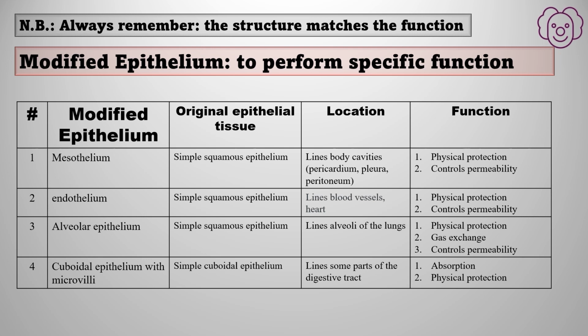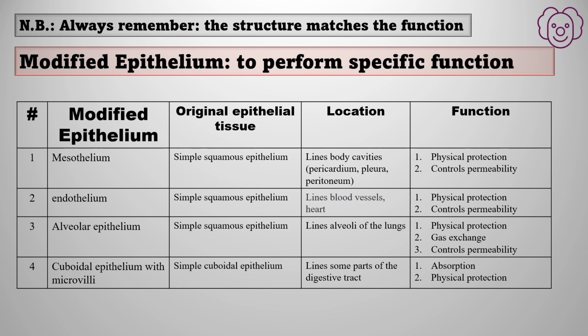The second one is the endothelium. It is also a simple squamous epithelium. It originates from the simple squamous epithelium and has all the characteristics of squamous epithelium. The only difference is that it is the simple squamous epithelium that lines blood vessels and the heart.